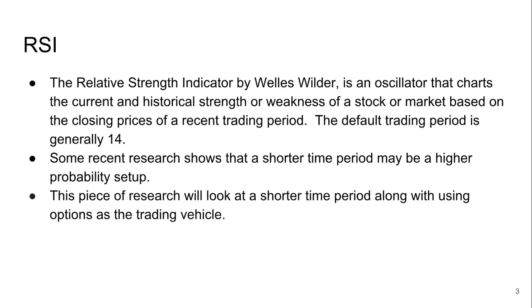Usually the default trading period is 14 in most software packages, but some recent research shows that shorter time periods may be a higher probability setup. And that's what we're going to focus on today, changing this 14 to a shorter time frame. We're actually going to be using a 4 as the default trading period instead of 14.